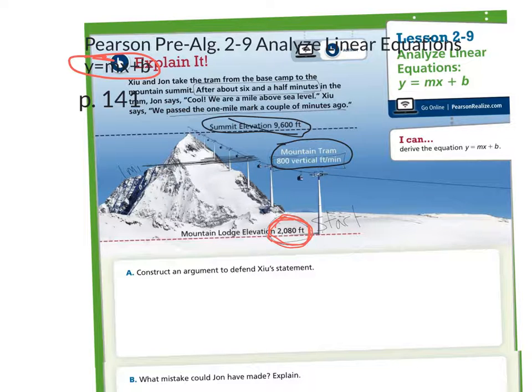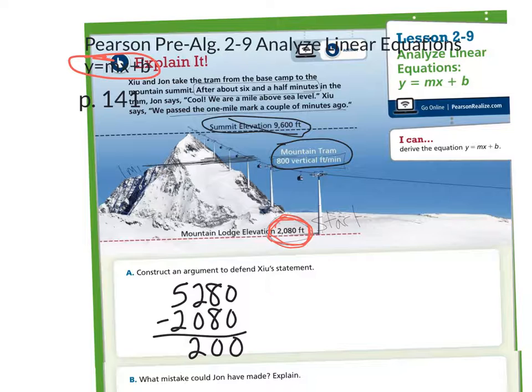So since we're trying to get to 5,280 feet, we're starting at 2,080 feet. If you subtract those, that's going to tell us how much further we have to go. So that tells us we are going to need to go 3,200 feet further from where we started at.